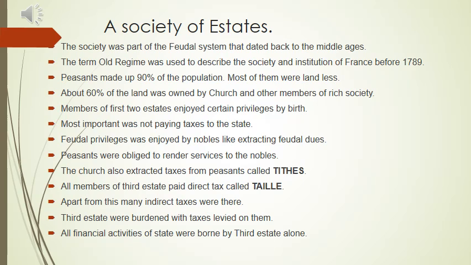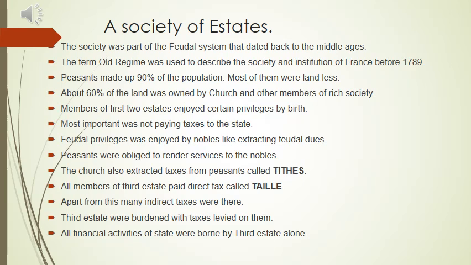A society of state was a part of a feudal system that dated back to the Middle Ages. A very old system was prevailing in France, and this was also called the old regime, because it was an old practice being practiced in France. Now in this, what do we see? 90% of the population are farmers, and most of them are landless people.